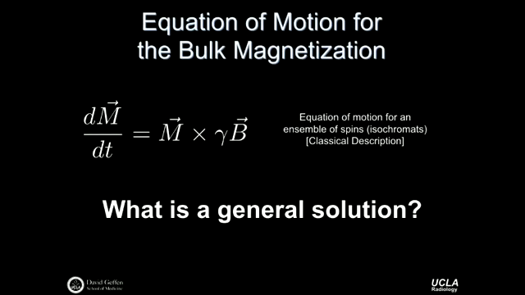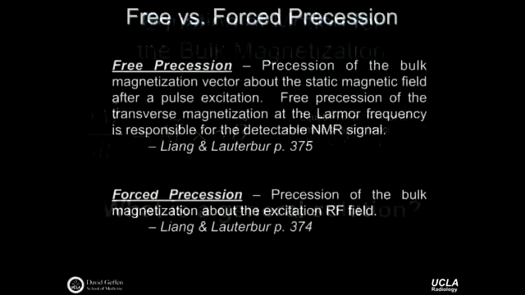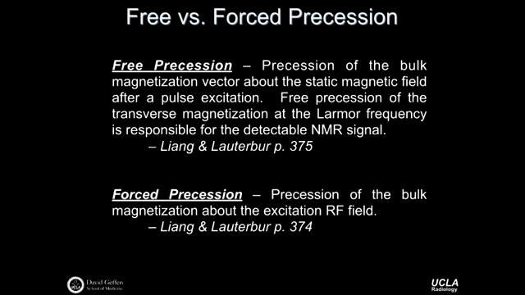So one thing that we'll do now is work towards a general solution for what the bulk magnetization is doing in a B0 field. I want to make a distinction before we get into that, and that's the distinction between so-called free precession and forced precession. Free precession is the precession of the bulk magnetization vector about the static magnetic field after pulse excitation.